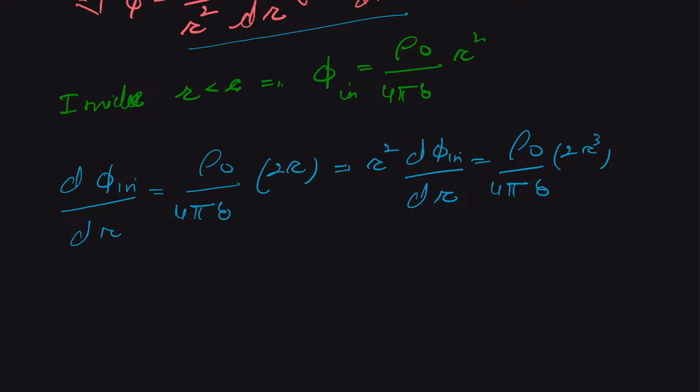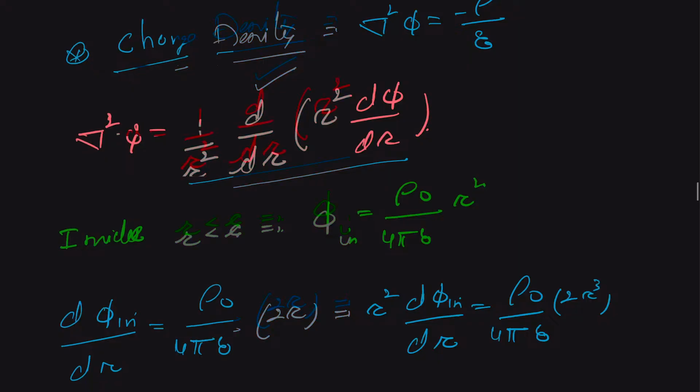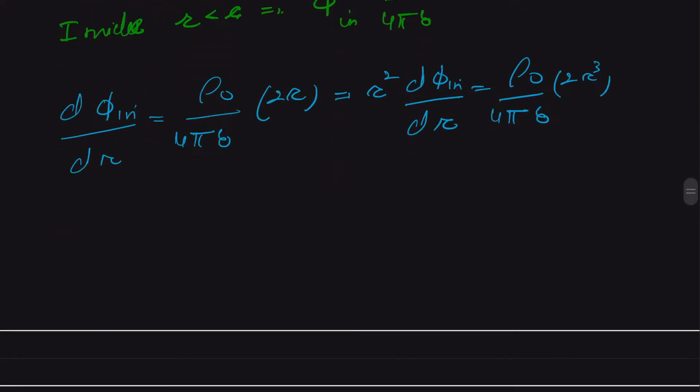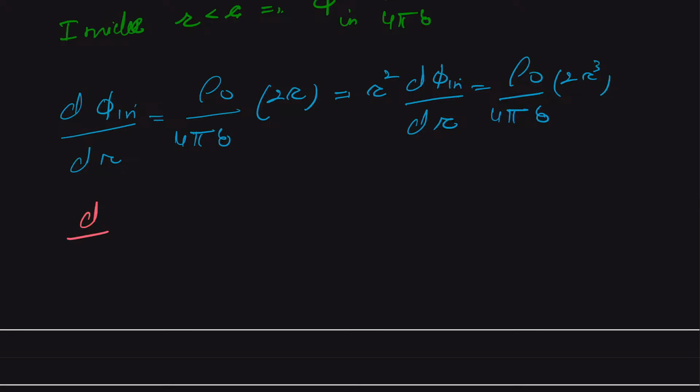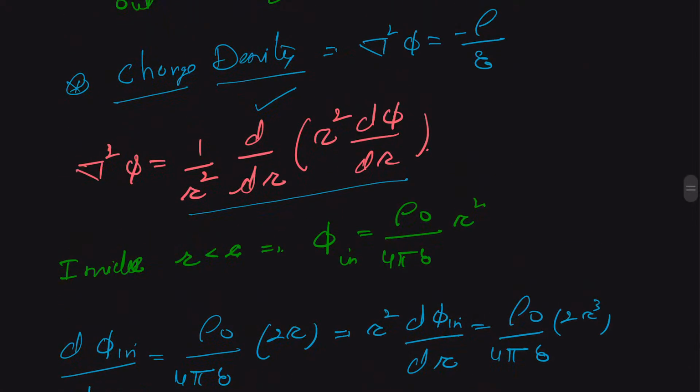Now we come to its derivative. We just generated half of it, and we are going to find out its derivative now. Therefore we get d by dr of r square d phi in upon dr will be equal to rho naught upon 4 pi epsilon naught times 6r square, and then we are going to multiply by 1 upon r square.